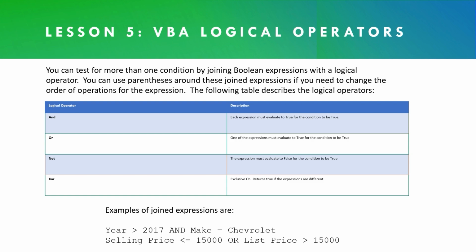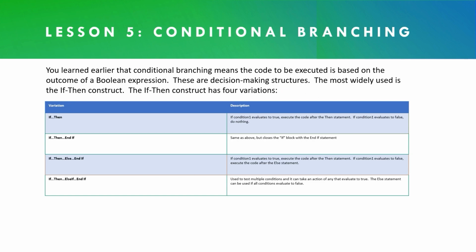Year greater than 2017 and make equals Chevrolet. When you're using and, both conditions have to be true. Selling price less than or equal to 15,000 or list price greater than 15,000. When you're using the or logical operator, only one of the expressions has to be true in order for the entire statement to be true.